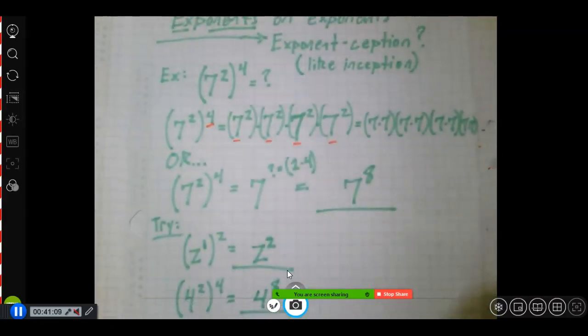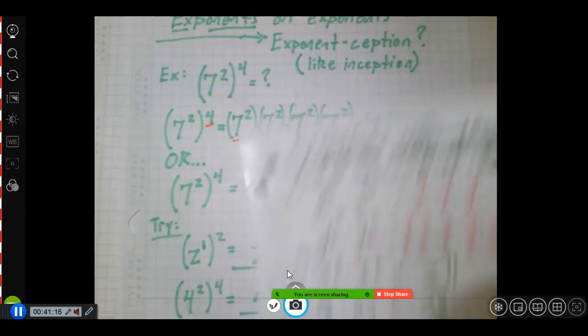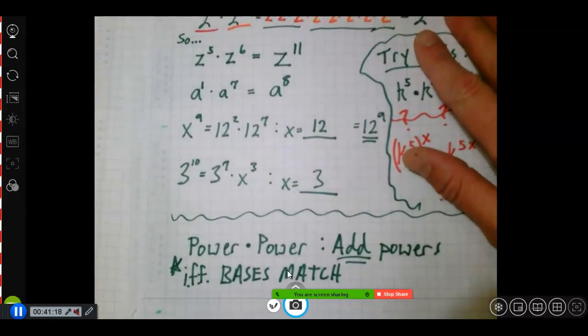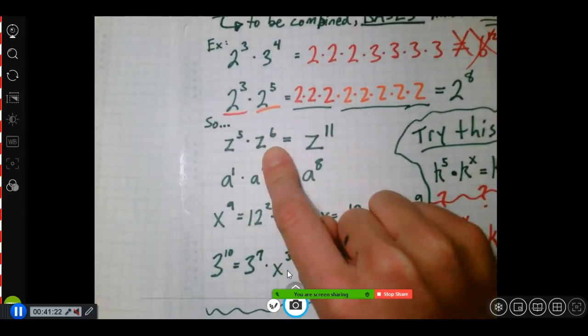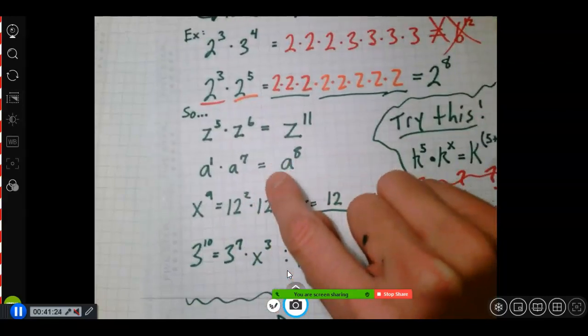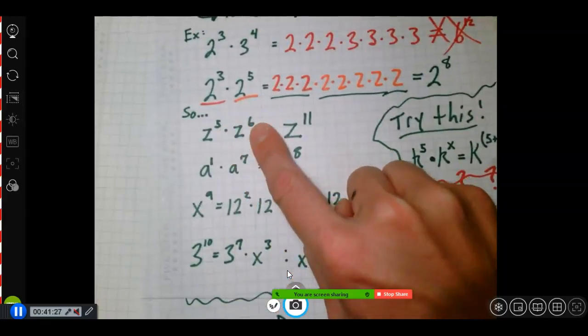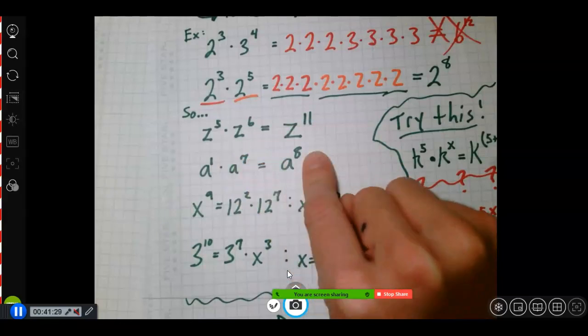So, we were doing this stuff. This was exponent times exponent, like power times power. So with that, we just add the powers together, right? Add the 5 and the 6 to get 11, add the 7 and the 1 to get 8.